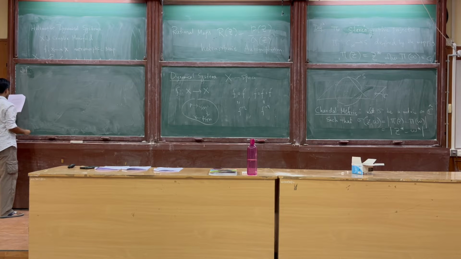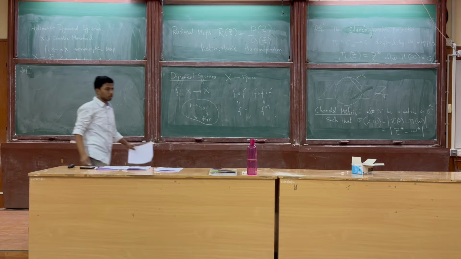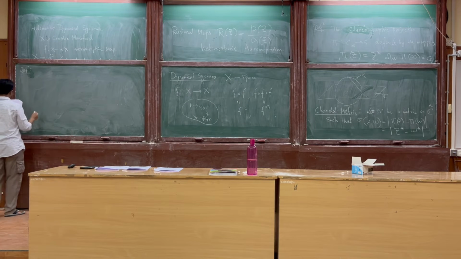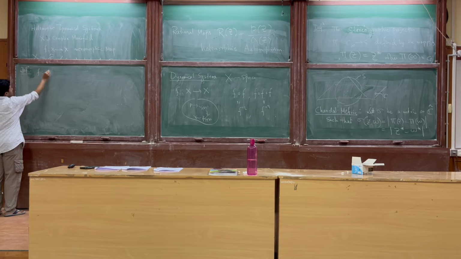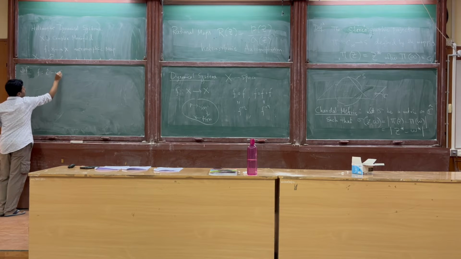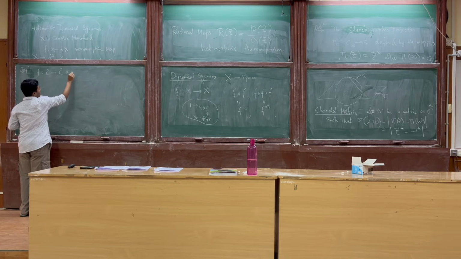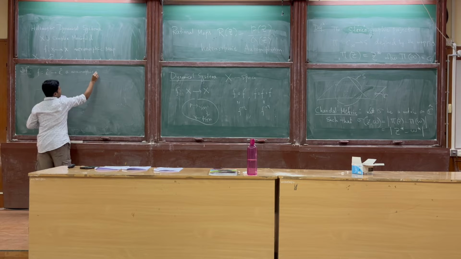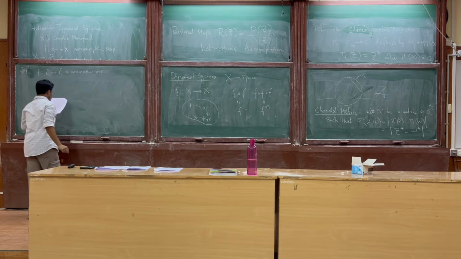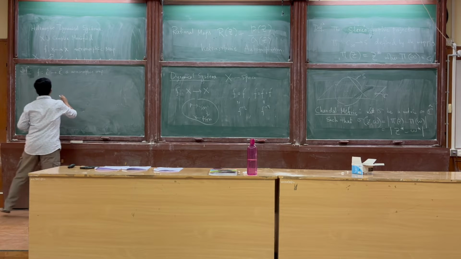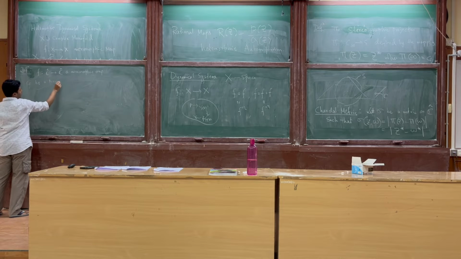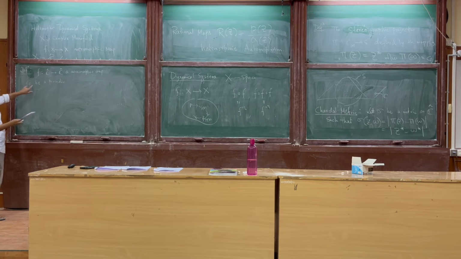Definitions: let f be from C hat to C hat, and let zeta be periodic. What does it mean to be periodic?